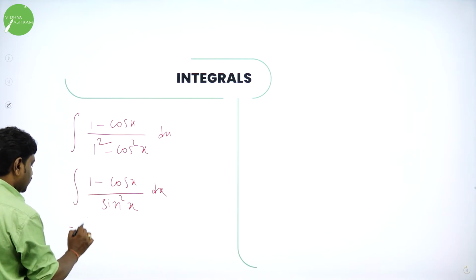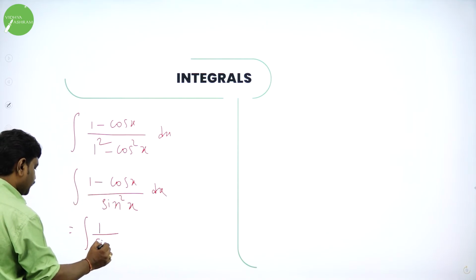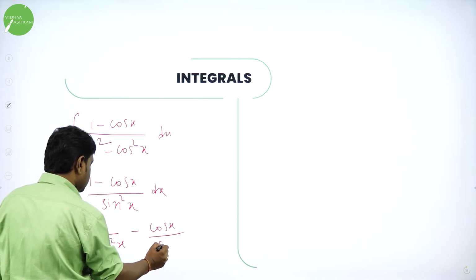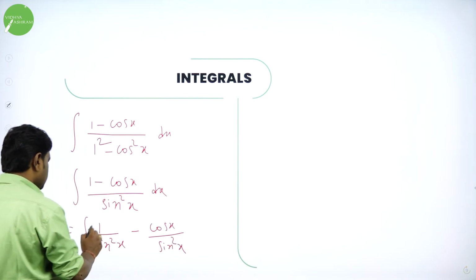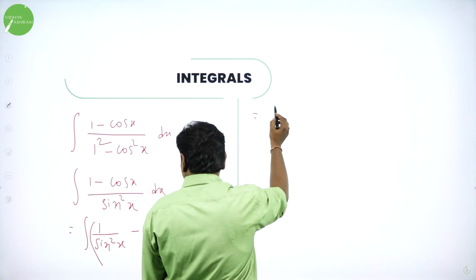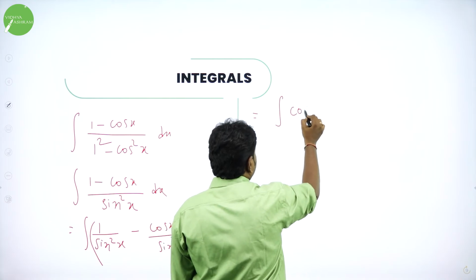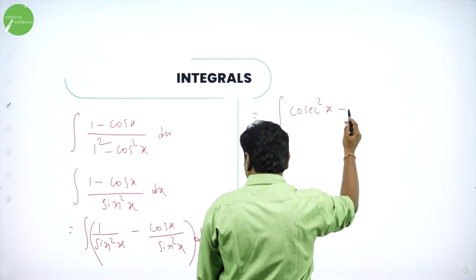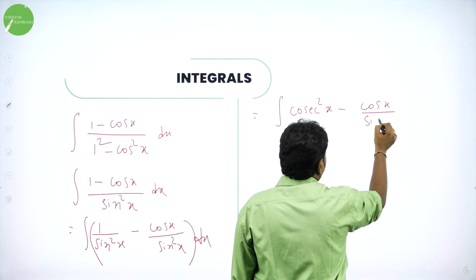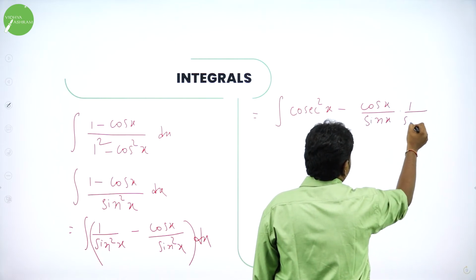Further, you can write it as 1 by sin square x minus cos x divided by sin square x. So it's similar to the last problem. Further, you can simplify. So I can write 1 by sin square x as cosecant square x minus, you can write it as cos x by sin x into 1 by sin x, splitting.